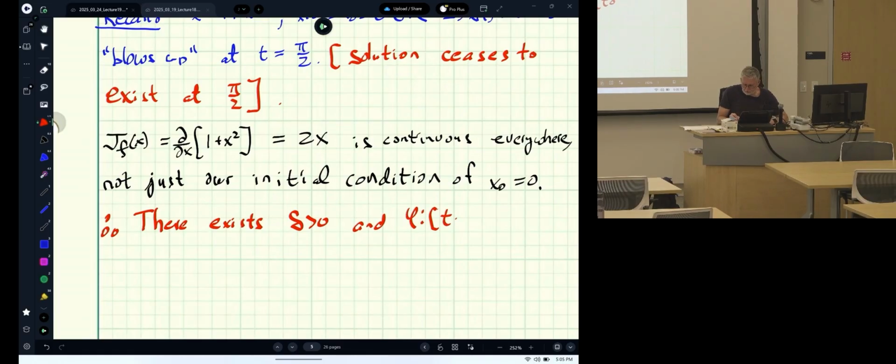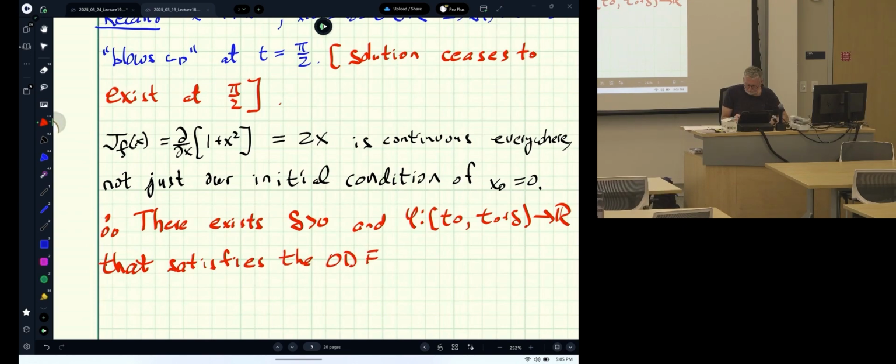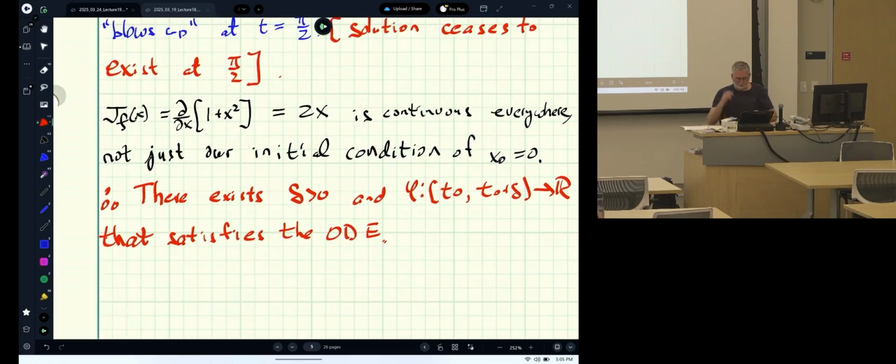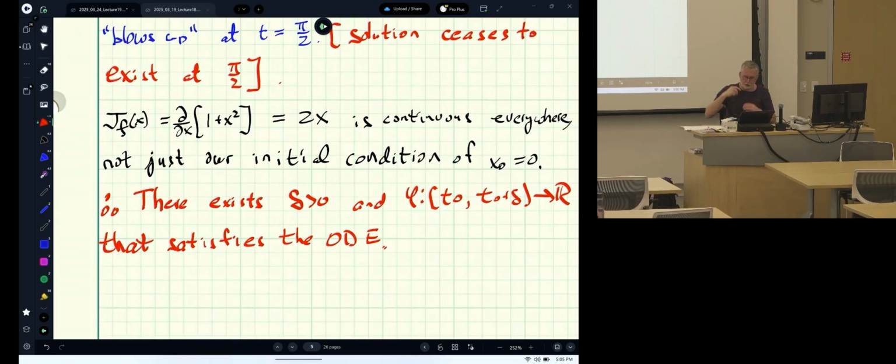That, and a function that goes from t0 to t0 plus delta 2r, that satisfies the ODE. Okay, so that's what we get from the Jacobian being continuous. This function exists, and it satisfies the ODE.